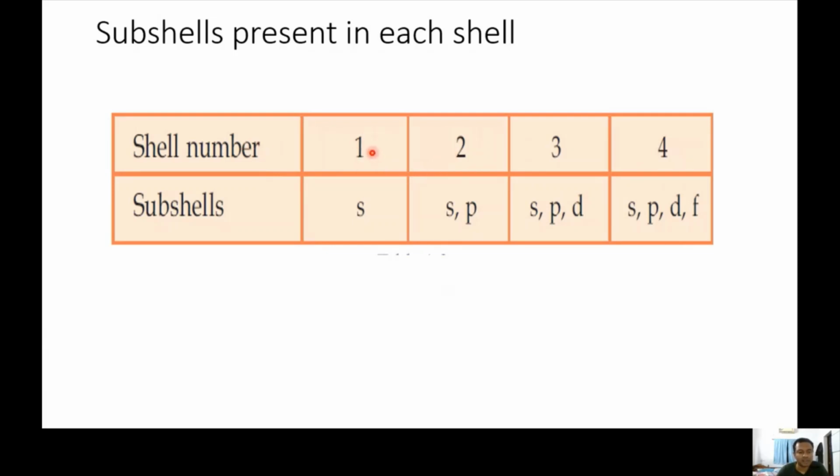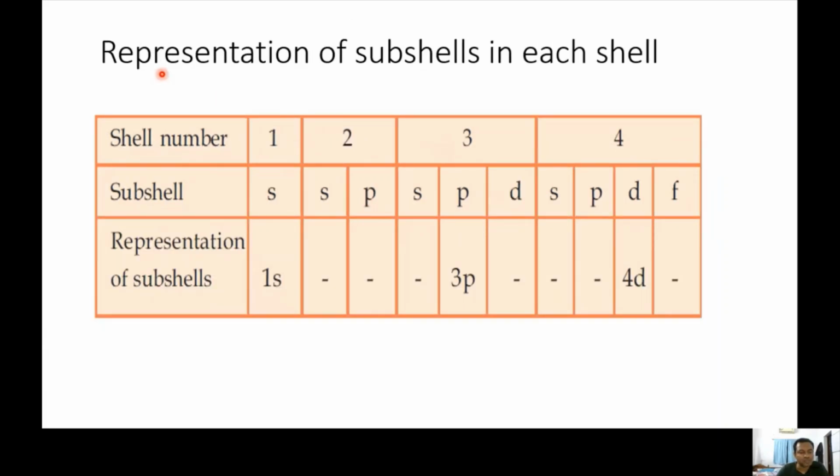You can see shell number 1, 1 subshell; shell number 2, 2 subshells, that is s and p; and shell number 3, 3 subshells, like that. Also the shell numbers 1, 2, 3 and 4 have names K, L, M and N that we have seen earlier.